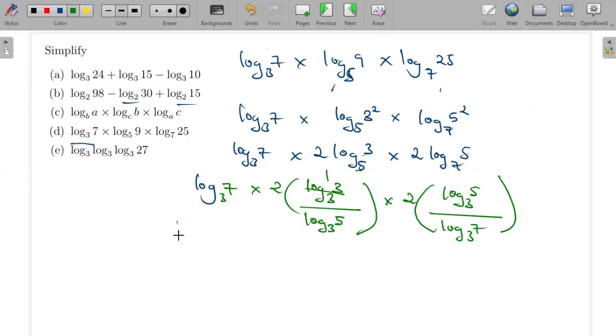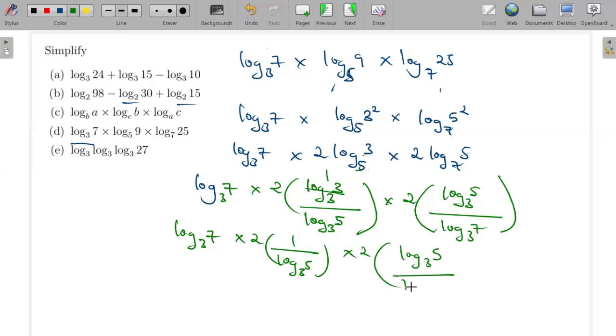Okay, so I have log 3 of 7, and then multiplied by 2, you have 1 over log base 3 of 5, and then multiplied by 2, you have log base 3 of 5 over log base 3 of 7. So now I can cancel out.